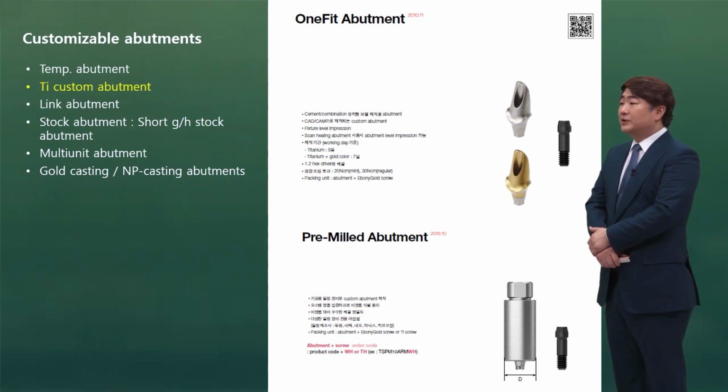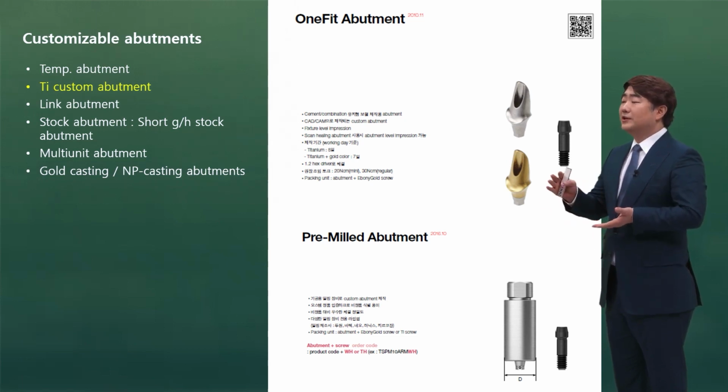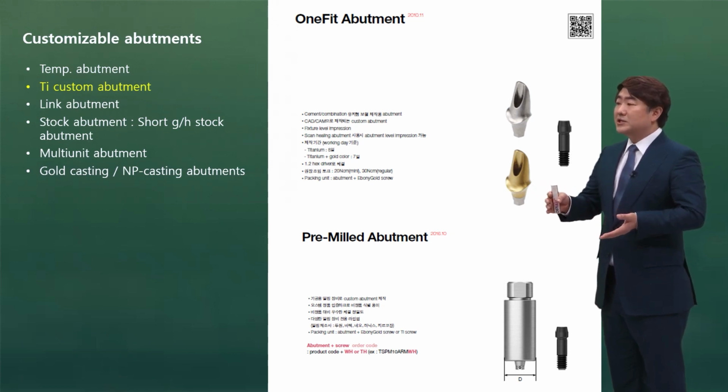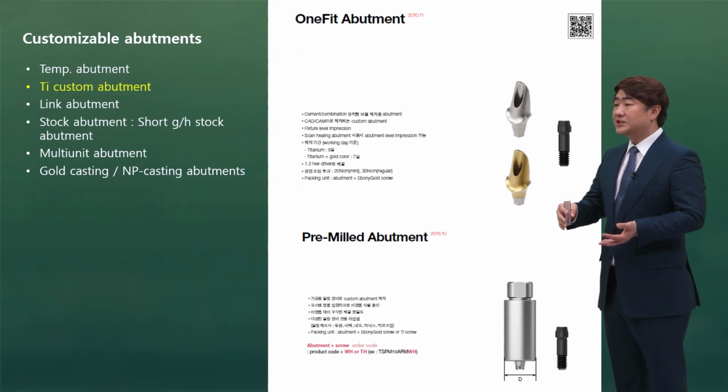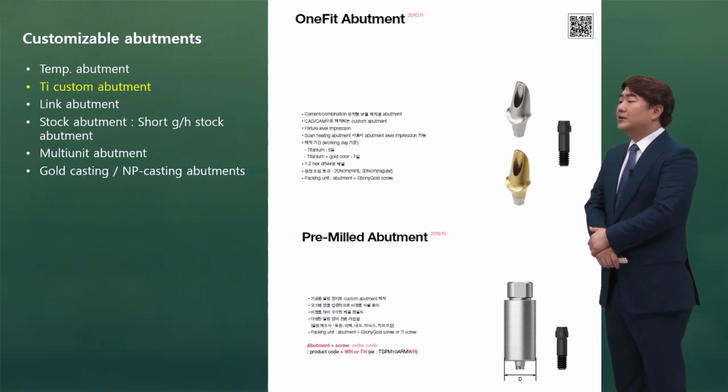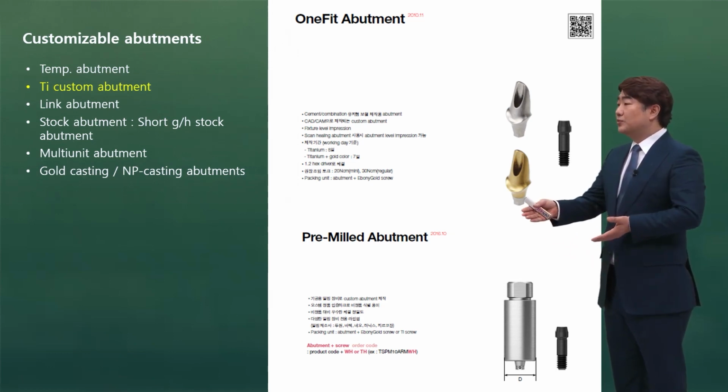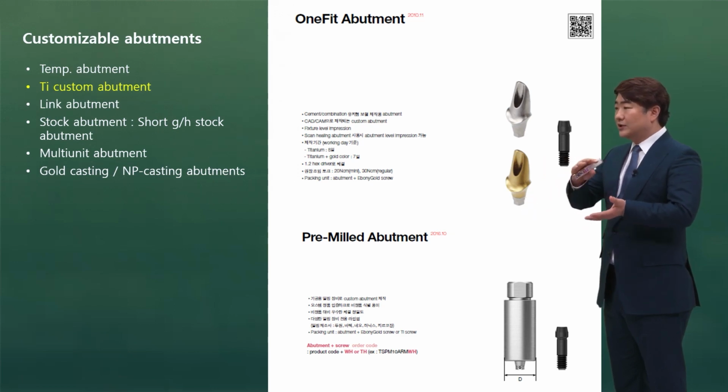Now, titanium abutment, as you see, this type of one-fit abutment exists, and here, with the titanium nitride or TiN coating, you give gold color. And this type of processing is done at the lab using a milling machine. So for aesthetics, it's given gold color, and the customizable area is of the 3 areas I talked about. It's all customizable.